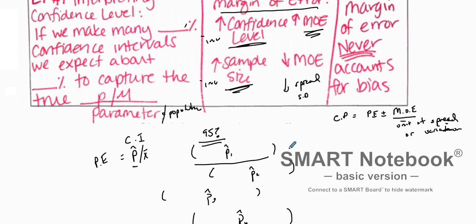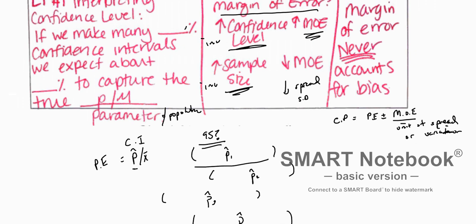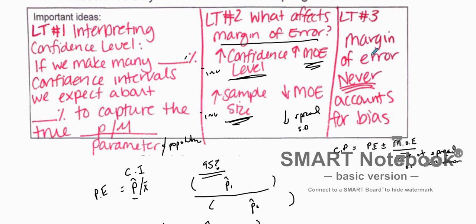That is because we need a wider interval in order to have that much confidence in what we're doing. And then finally, margin of error never accounts for bias. So bad data is bad data. Margin of error just takes the data you got, whatever point estimate you have, assumes it is non-biased, and makes a confidence interval.